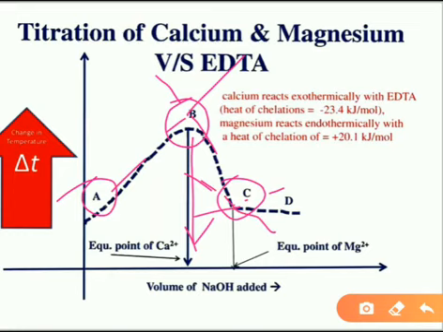The segment from point C to D represents the excess reagent being added, which gives the change in temperature of the excess reagent. So by using thermometric titration we can calculate the concentration of the mixture of calcium and magnesium using EDTA as a titrant.